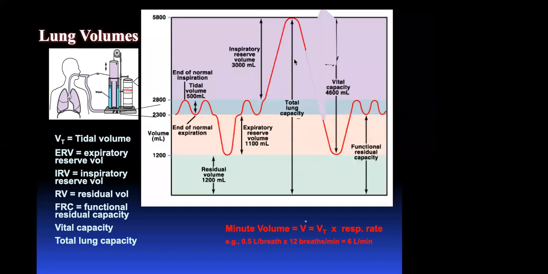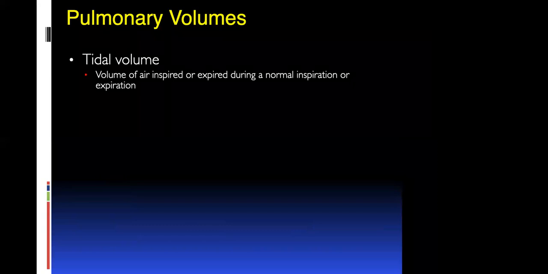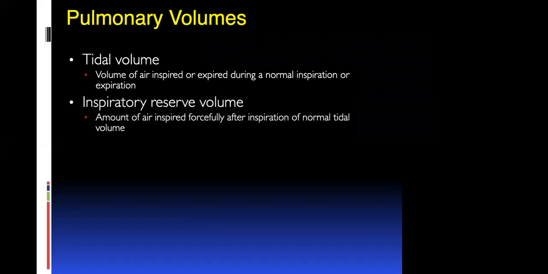Okay, please remember these lung volumes. This is just a revision. Tidal volume is the volume of air inspired or expired normally; replace normal with resting inspiration or expiration. Inspiratory reserve volume is the amount of air inspired forcefully after inspiration of a resting tidal volume.